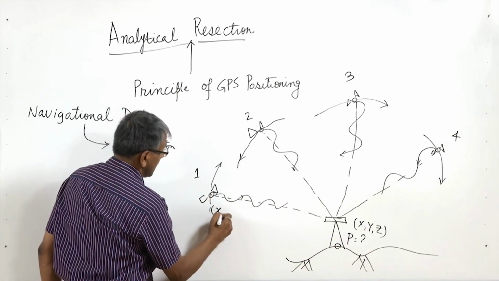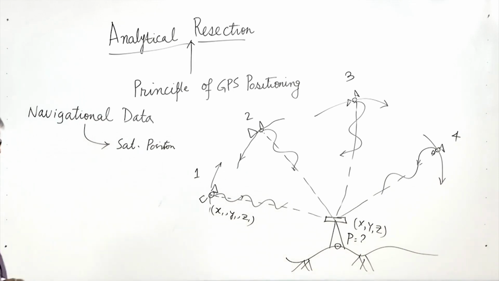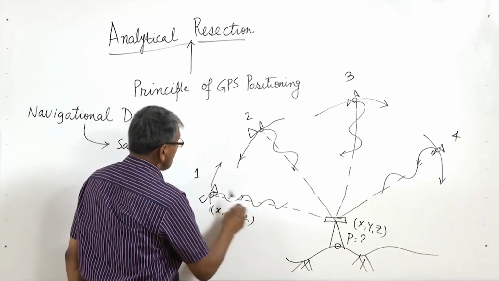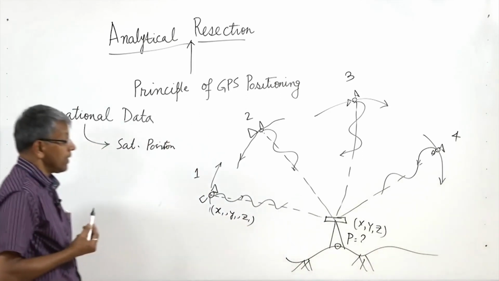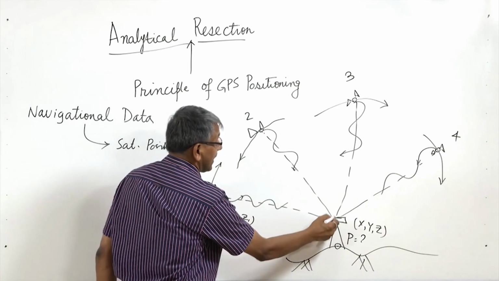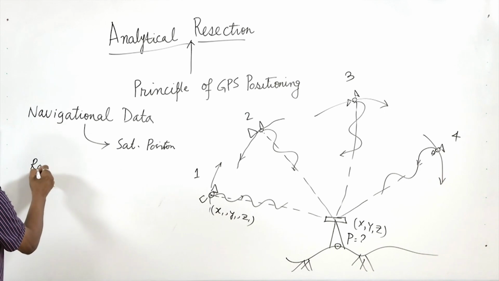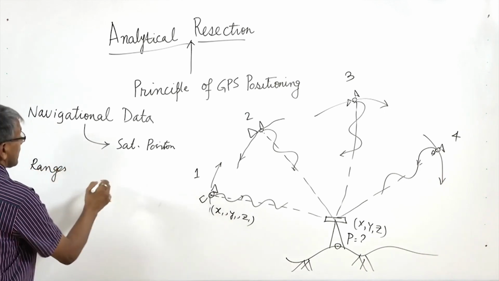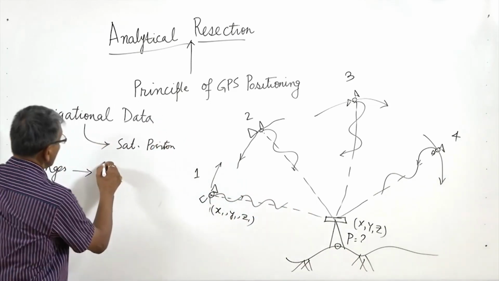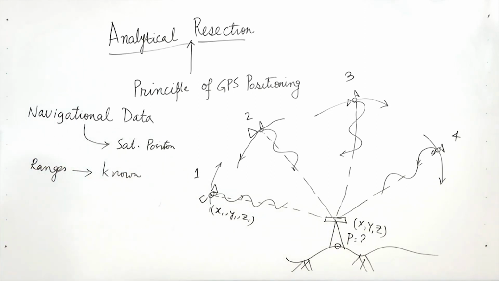Suppose the location of satellite 1 is x1, y1, z1, and also from the time of transmission of the signal from satellite to the receiver, the range between the satellite and the receiver at that instant of time is also known. So the range, that is the distance between the satellite and the receiver, is also known once the signal gets received from the GPS satellites.